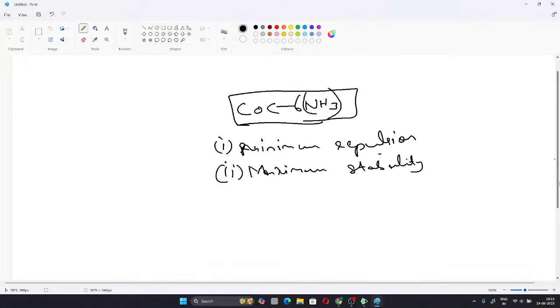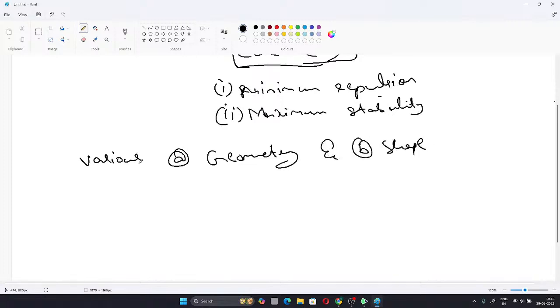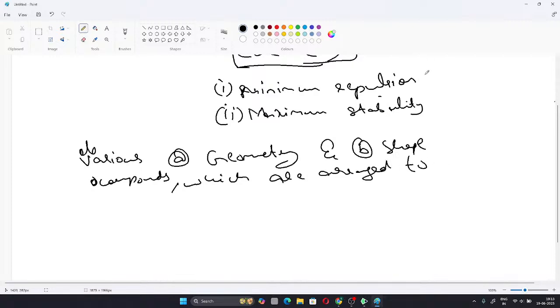We saw geometry, and we saw in chemical compounds, earlier, various geometries and shapes of various compounds, which are arranged in that way to gain minimum repulsion and maximum stability.